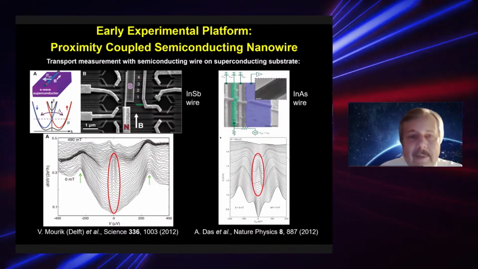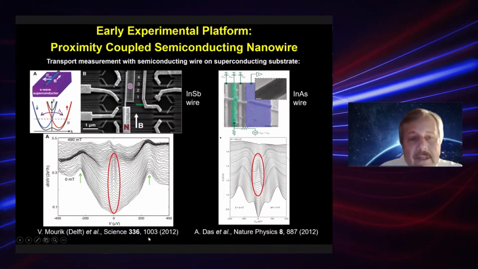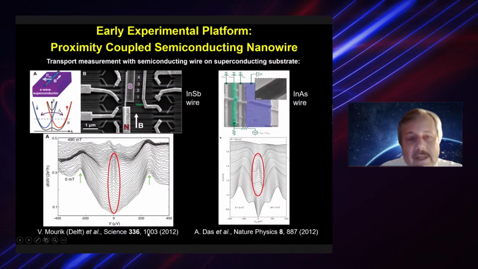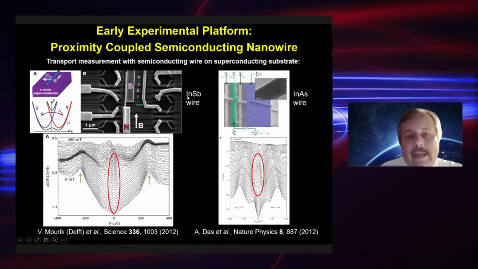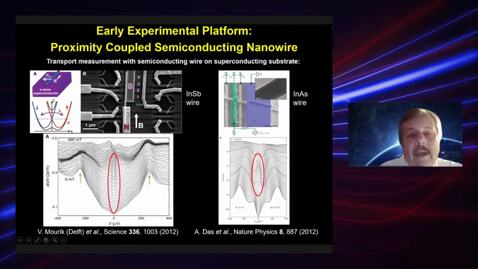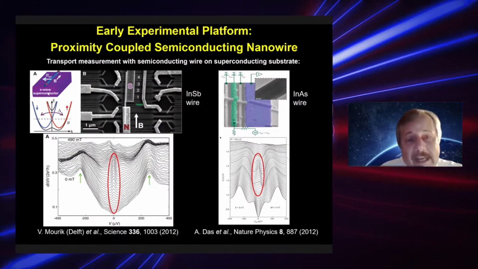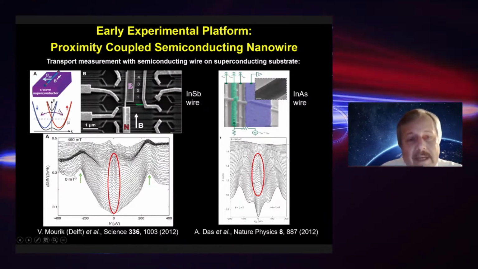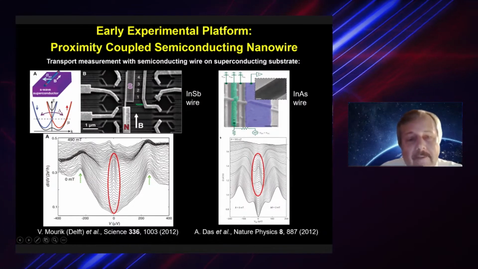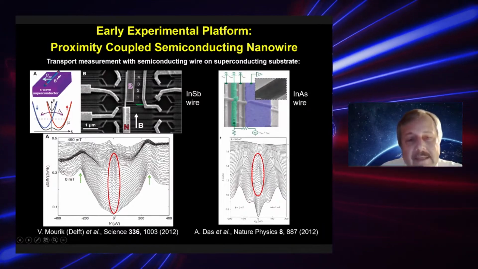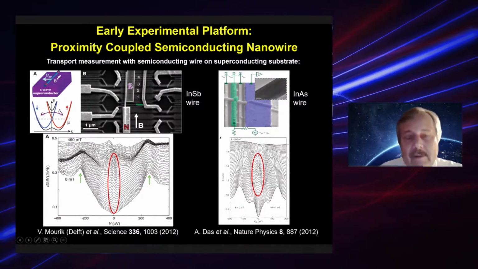In 2012, two groups reported on the observation of such zero energy modes in semiconductor nanowires like indium antimonide or indium arsenide, proximity coupled to aluminum or other superconductors. They did transport experiments as a function of magnetic field from 0 Tesla to about half a Tesla or so, and they have seen a peak at zero energy, which shows some characteristics of these Majorana states.